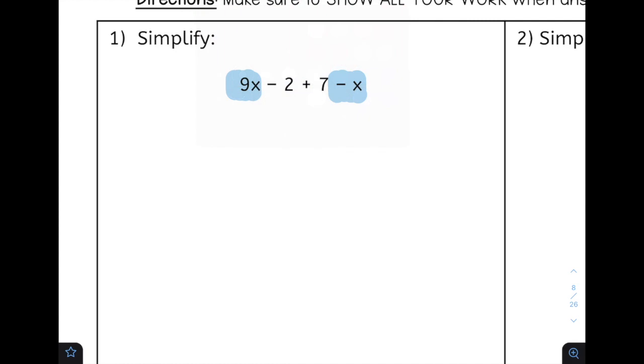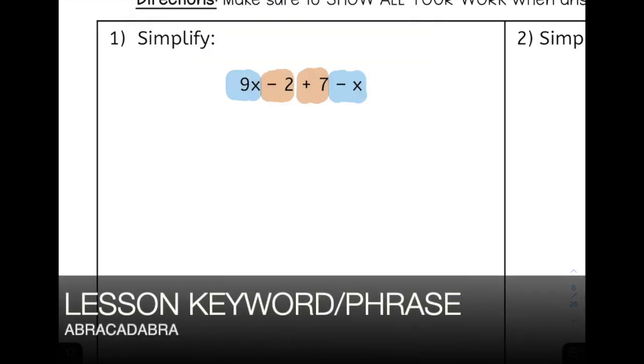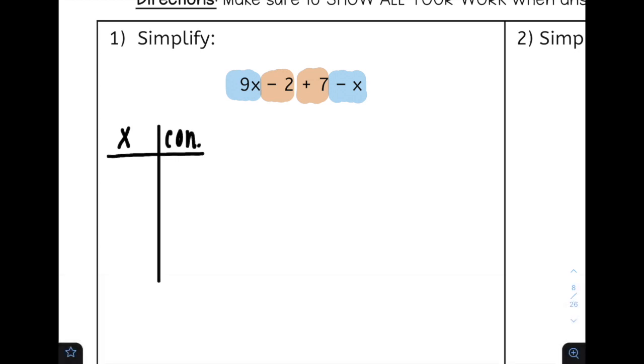And then I have -2 and +7. What I usually do also to help me separate everything out is make a table. So I know my like terms are going to be x, and I usually have my constants, which I just write CON for constant, because I don't want to write a C just in case I have a variable in there with C. So I'm going to write everything down in my table.